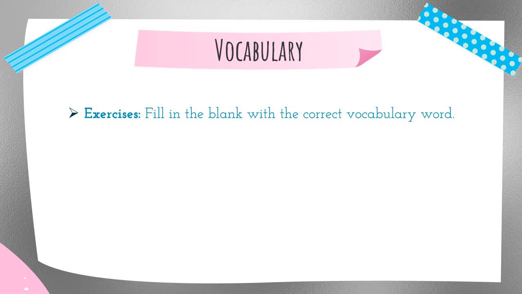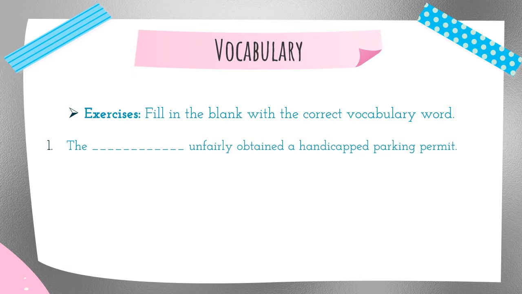All right, fill in the blank with the correct vocabulary word. Number 1, the blank unfairly obtained a handicap parking permit. So this is a little sticker or like a little card for your car that says you can park at these special spots that are closer because you're handicapped, because you can't walk or you have some sort of disability.